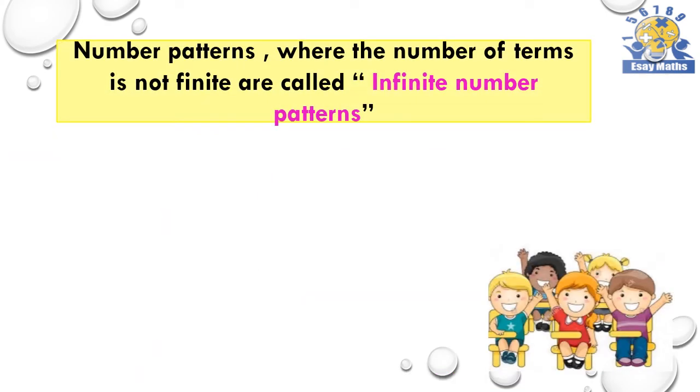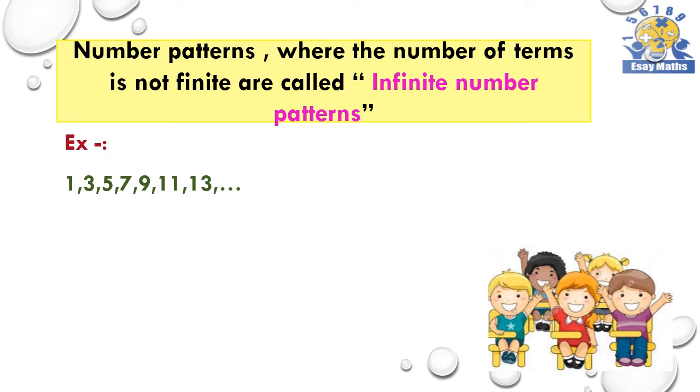Number patterns where the number of terms is not finite are called infinite number patterns. Now you can see a few examples for infinite number patterns. First one, the number pattern with the terms 1, 3, 5, 7, 9, 11, 13 and so on.